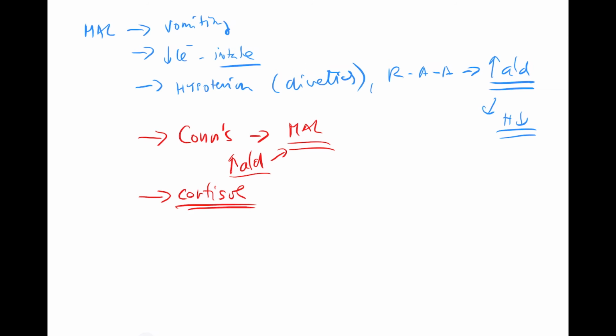If there's lots of cortisol, you're going to get rid of H+ as well. And also licorice, that's in USMLE again. If you eat too much licorice, it has the same effect as aldosterone, so you're going to have metabolic alkalosis. Or you can drink lots of milk and have alkalosis, but we don't see this anymore.